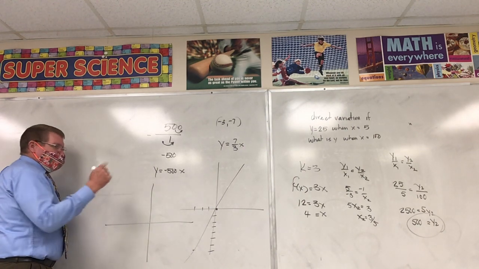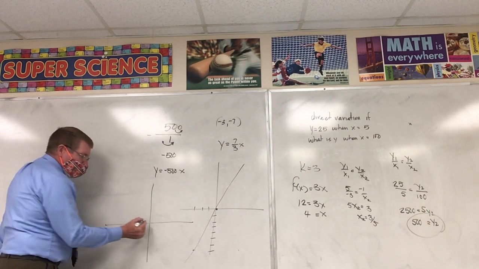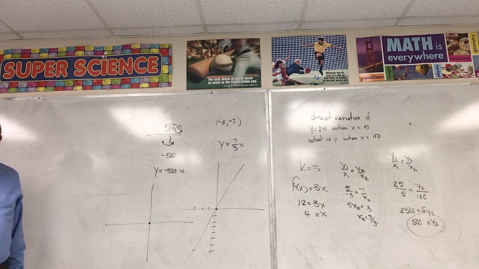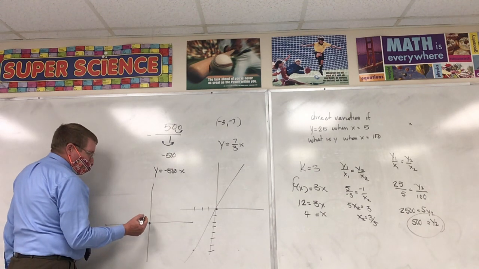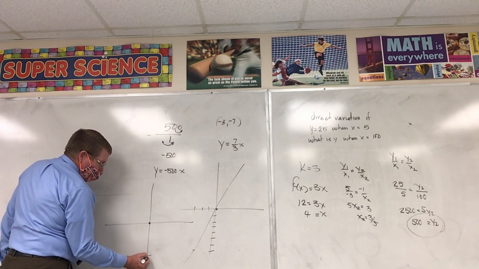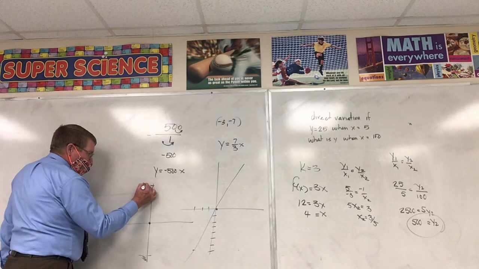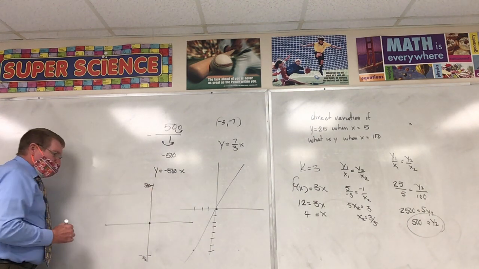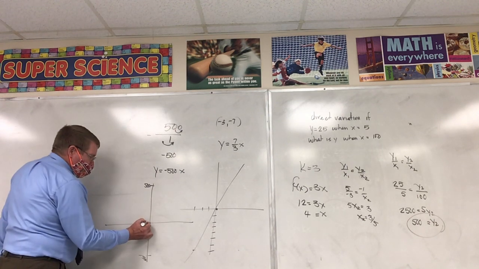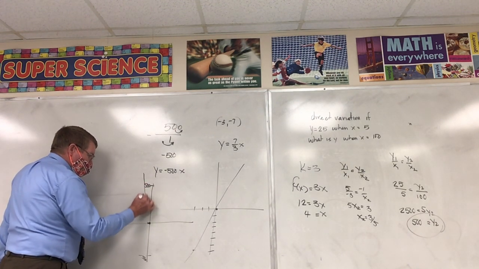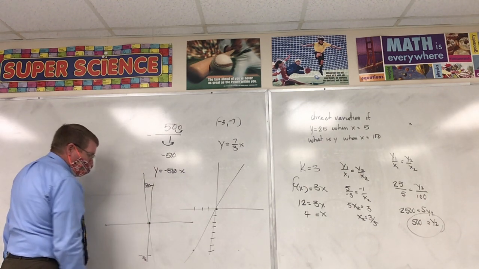To graph it, it's always going to go through what point? 0, 0. Instead of putting 500 marks, I don't need to put 500 marks. Just put this negative 500, put this 500, and on point 1, so I'm going to draw a line through here.